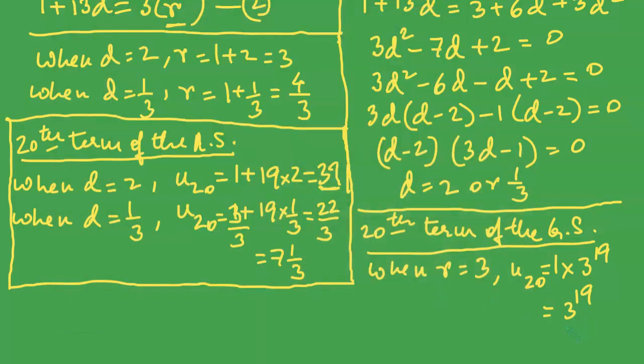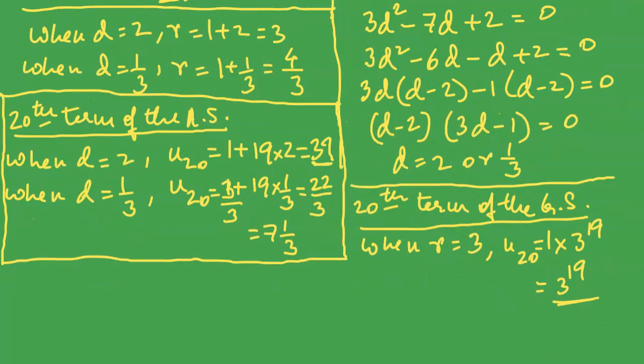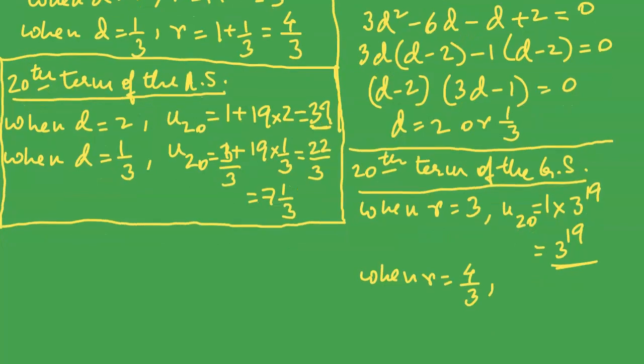So this is the value of the 20th term when r is equal to 3. And what is the value of the 20th term when r is equal to 4 over 3? u20 will be equal to 1 times (4 over 3) to the power of 19.